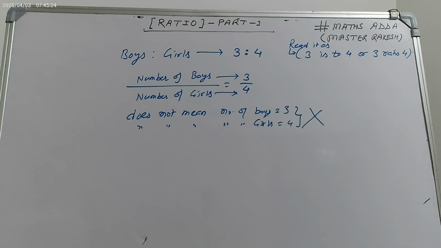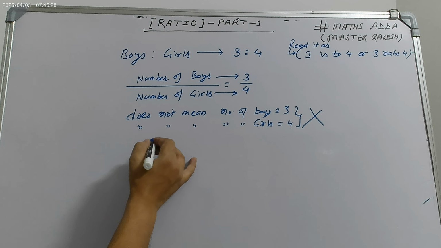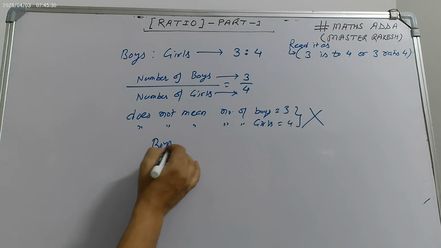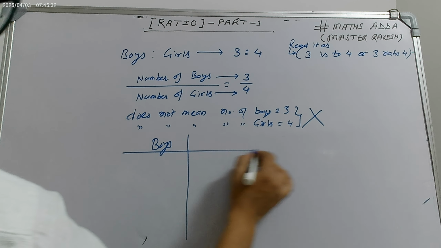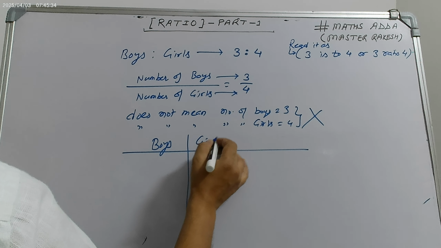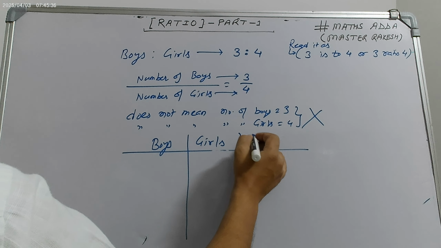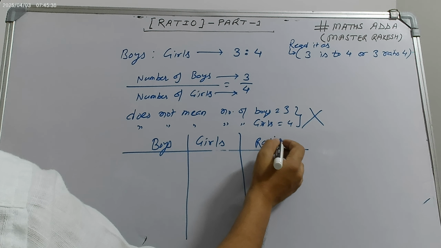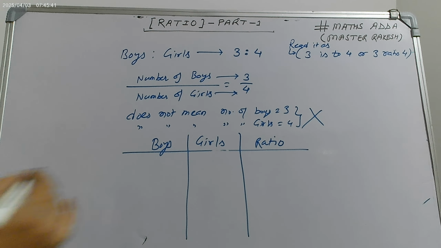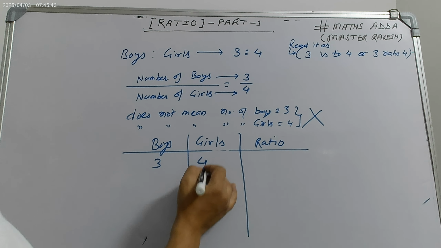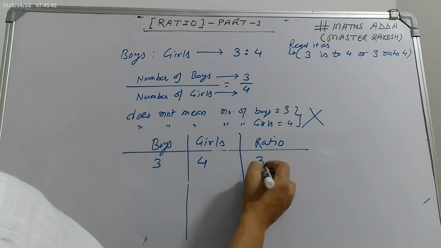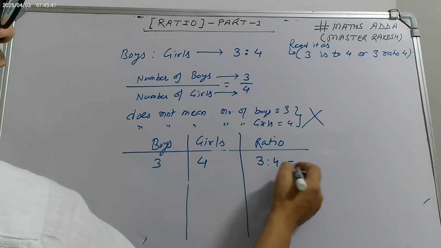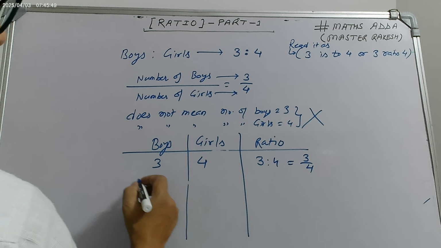We will check the following cases. I will make one table of boys and girls ratio. 3 boys, 4 girls: the ratio is 3:4 or 3/4.